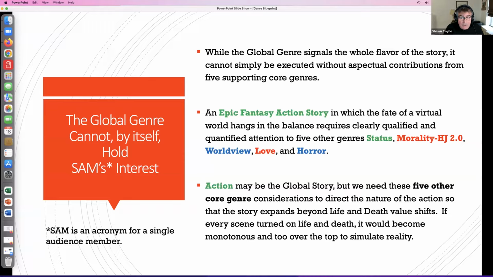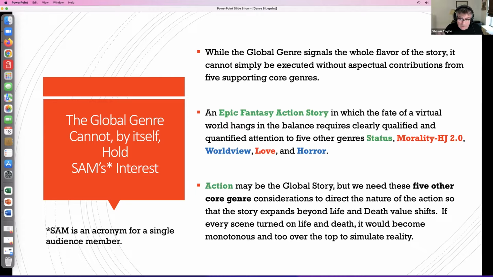And those genres are the status genre, morality, and here's another innovation that I discovered in the last 7 years. The heroic journey is embedded in morality. The morality genre is all about the heroic journey. And the heroic journey in my HJ 2.0 version, not Joseph Campbell's.